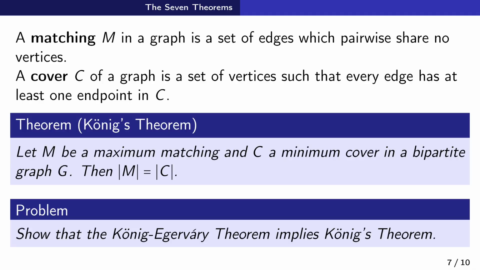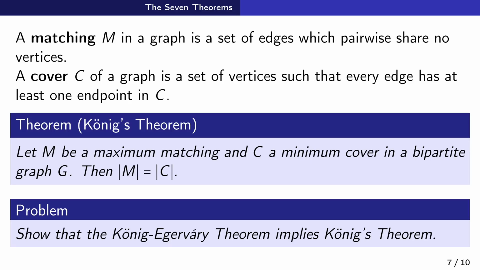So Koenig's theorem is about bipartite graphs. And that's another one of these minimax theorems. So there's 2 related objects you could look for in a bipartite graph. You could look for a matching, which is a set of edges where no 2 edges in your matching share an endpoint. You could look for a cover, which is a set of vertices, such that every edge in your graph has at least 1 endpoint in the cover.